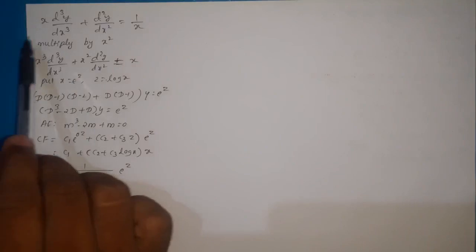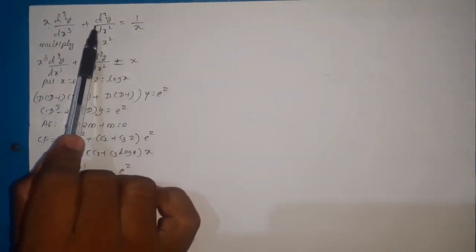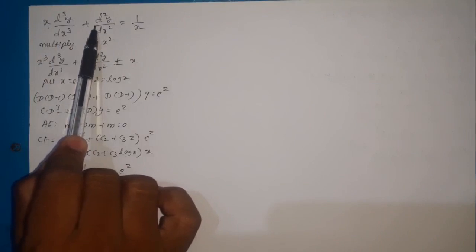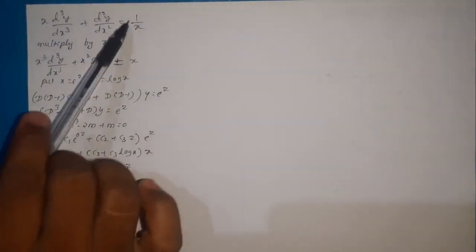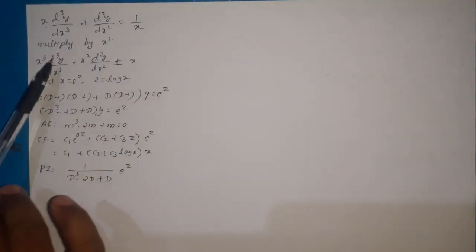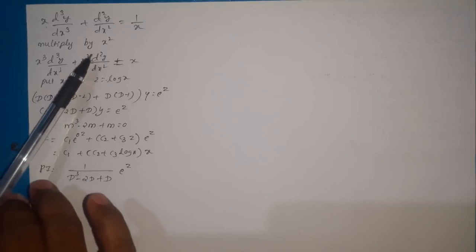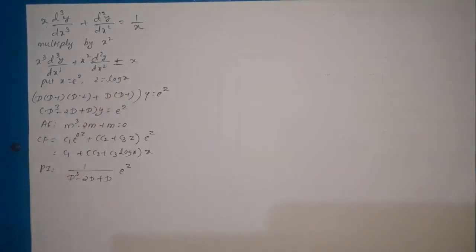But here it is x, this should be x cube, and here we must have x square, but there is no x square. So therefore we need to multiply the equation by x square, then that will become x cube d cube y by dx cube plus x square d square y by dx square is equal to x. Now that becomes the standard form.